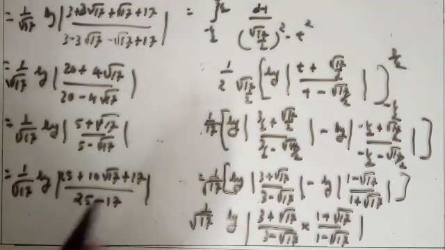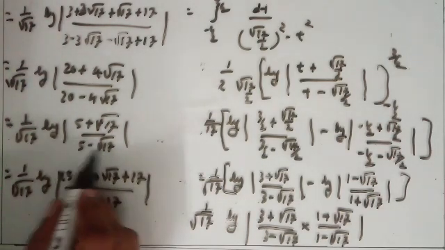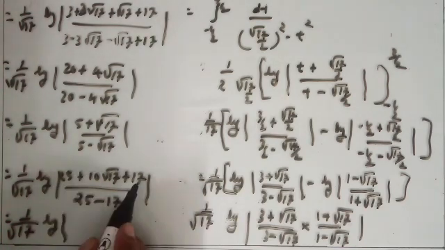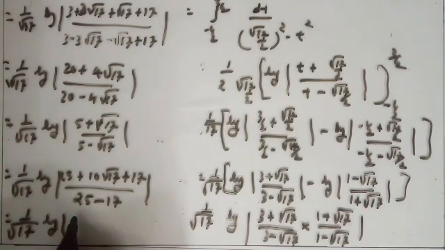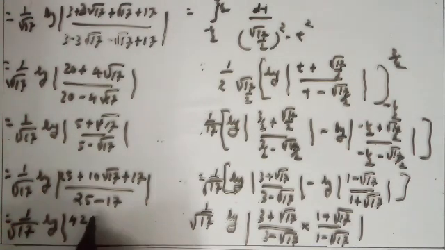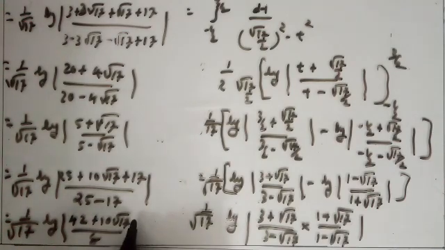Multiplying by the conjugate of 5 minus root 17, here we get 1 upon root 17 log of 25 plus 17 becomes 42 plus 10 root 17 upon 25 minus 17, that is 8.